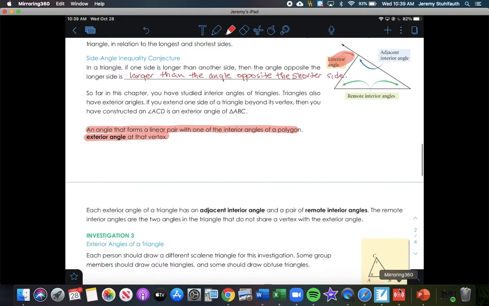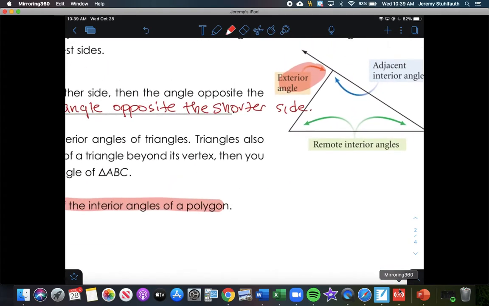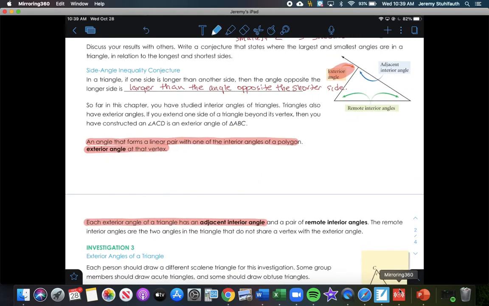Now, each exterior angle of a triangle has an adjacent interior angle. That is the angle that is right next to the exterior angle. It is the angle that creates the linear pair with the exterior angle.